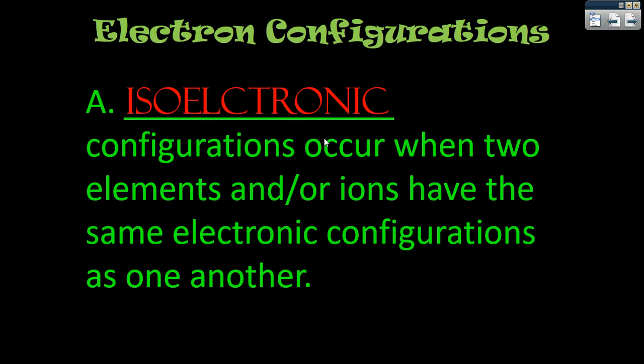And so, what that'll mean is it'll leave us with some atoms or ions that have configurations that are identical to other atoms or ions. And there's a special term for this, isoelectronic. It just means that the two species have the same electron configurations as one another. Again, just introducing that here so you're aware of it, and we'll see some examples and talk about this more later.